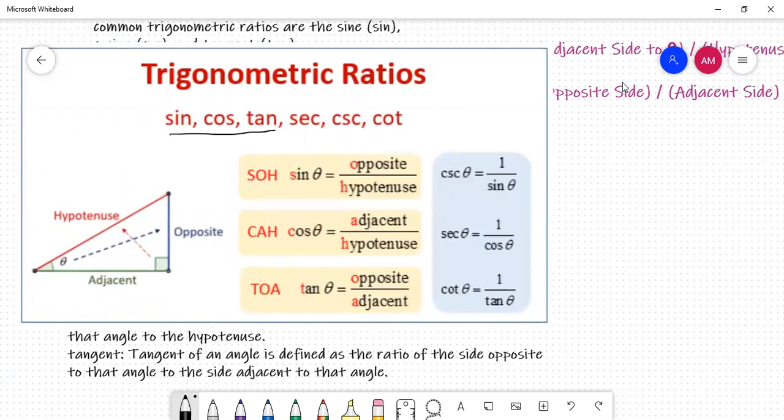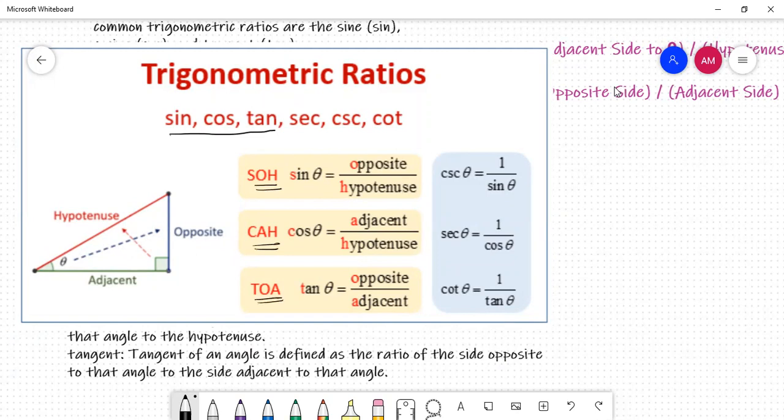Consider a right angle triangle and let this angle be theta, and this is hypotenuse, opposite to 90 degrees. The side opposite to theta is the opposite side, and the side adjacent to theta is this one, the green side. Green side is the adjacent side, blue side is the opposite side, and red side is the hypotenuse. Clear?